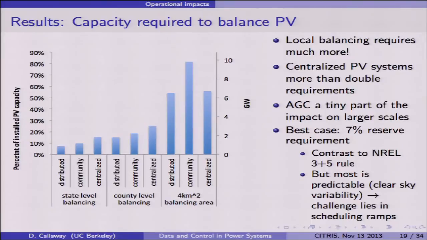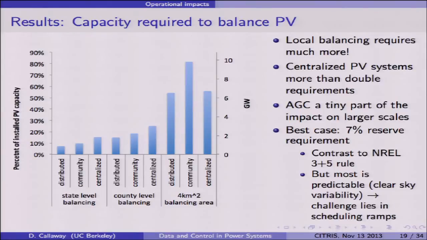We can show that in terms of total gigawatts, and in terms of the percentage of the installed PV capacity. So as you might expect, we go from distributed having only a requirement of about 7%, which is a little bit less than 1 gigawatt of balancing capacity, up to basically double that if we go to the centralized scenario.